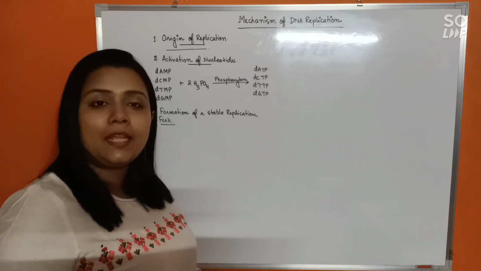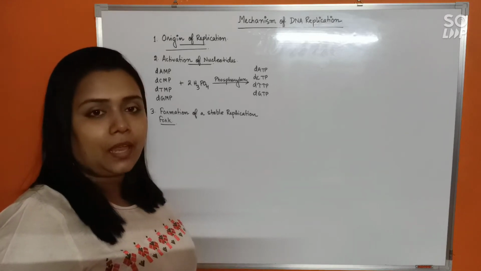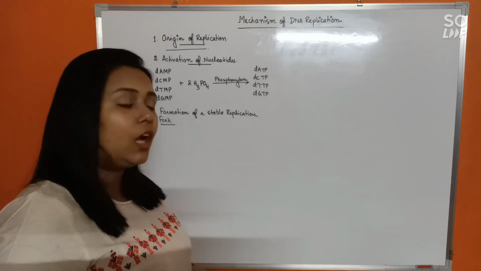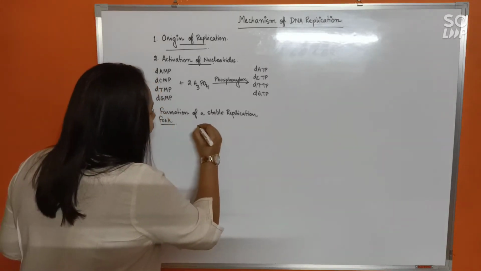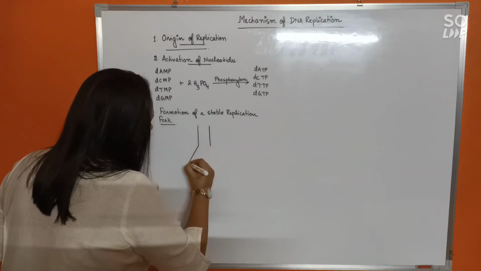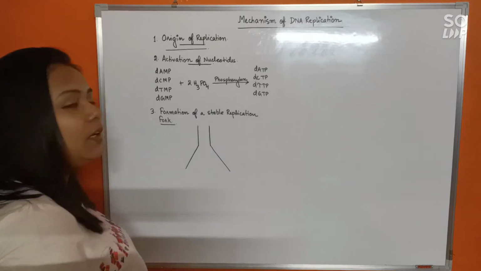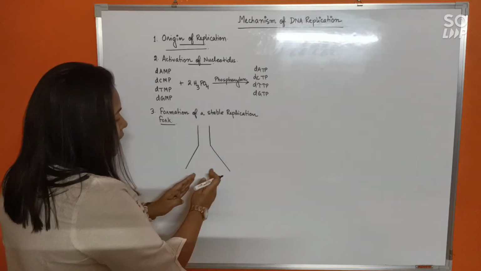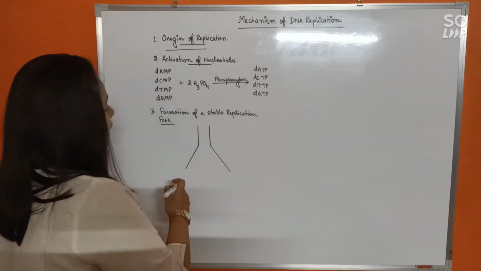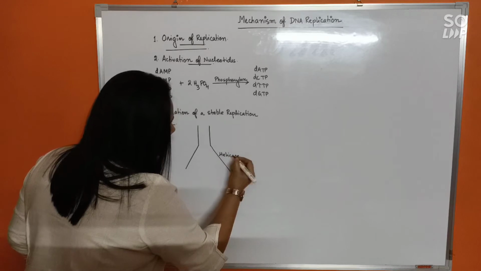The enzyme helicase will start unwinding the DNA in the origin of replication. When the unwinding of the helix begins, the DNA will look like this. The two strands have started to unwind, have started to open up, and it is done by the enzyme helicase.